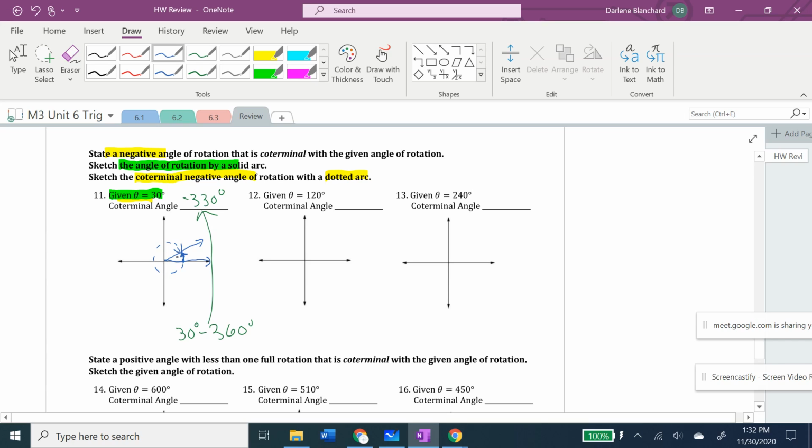Now, as far as where you draw the terminal side of the angle, be in the right quadrant. I don't expect a perfectly drawn angle, but I expect it to be reasonable. So for number 12, 120 degrees, what quadrant is 120 degrees in?